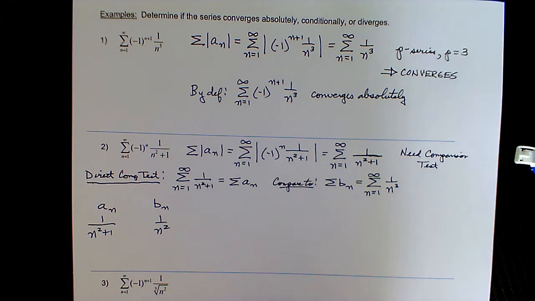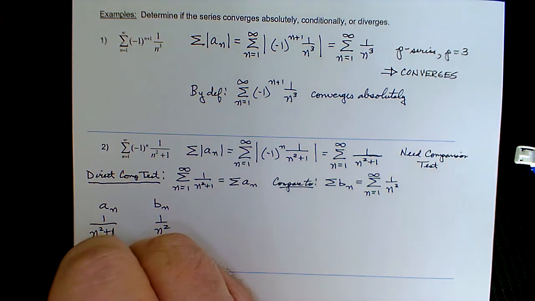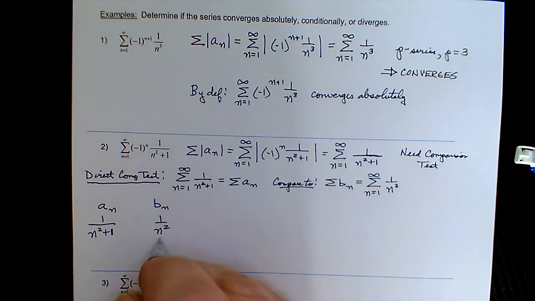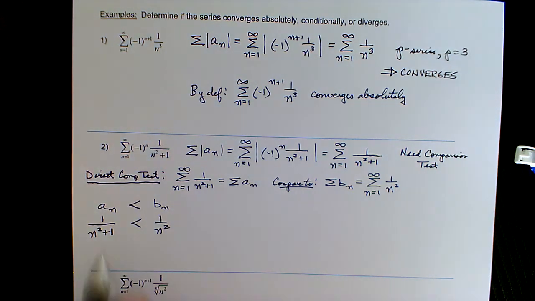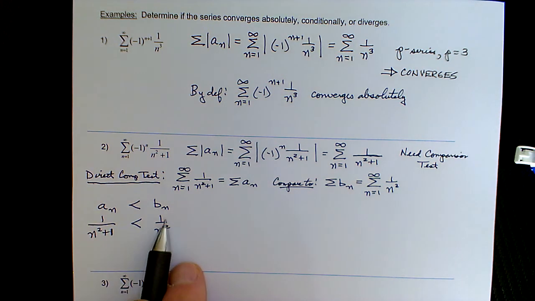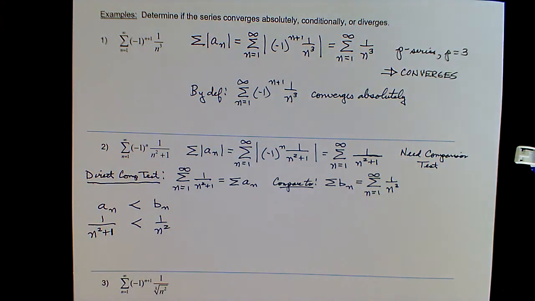Which way does the inequality point? Well, the denominator on the left is always bigger than the denominator on the right, so the reciprocal would be less than. Remember, you could just plug a number in for n. If you plug in n is 1, you get 1/2, and 1/2 would be less than 1, which is what you get for b sub n.